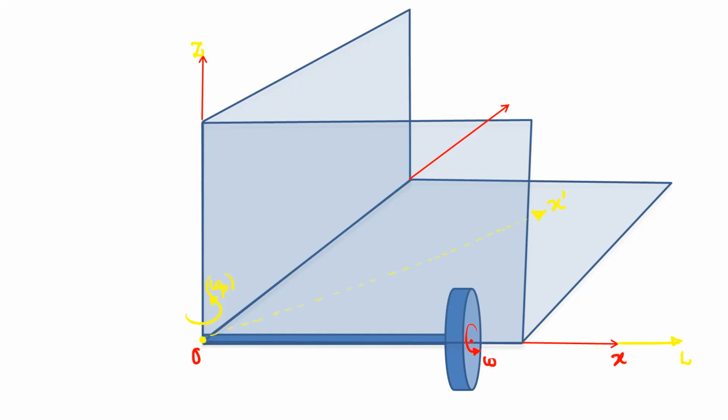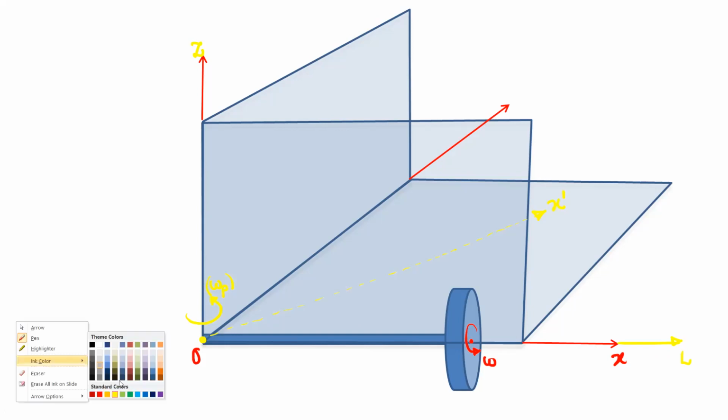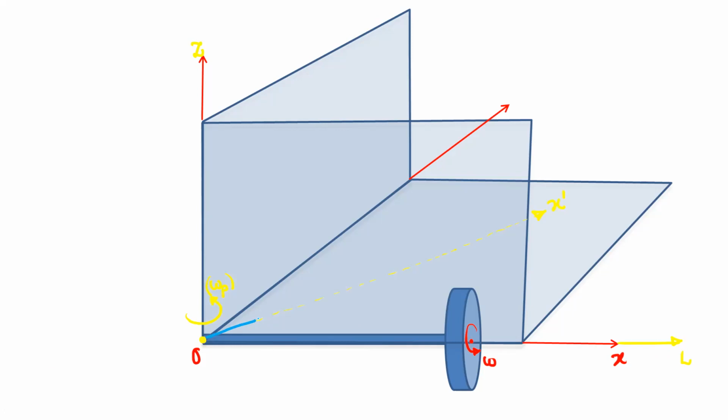So this momentum vector will also change. So this is the angular momentum vector after some time interval delta t. So this is L dash, and this is the initial vector, which is L. Okay.